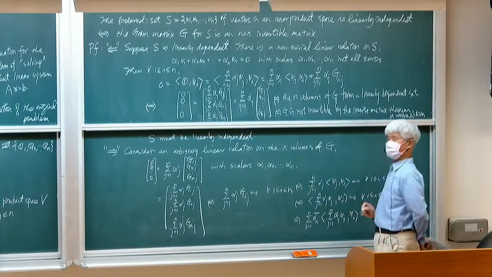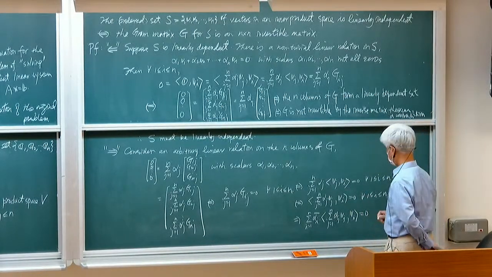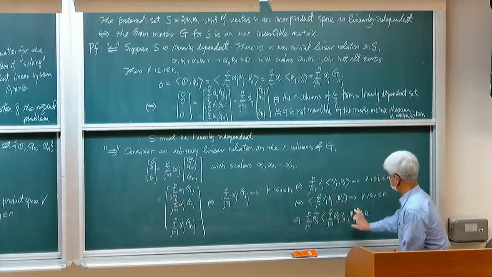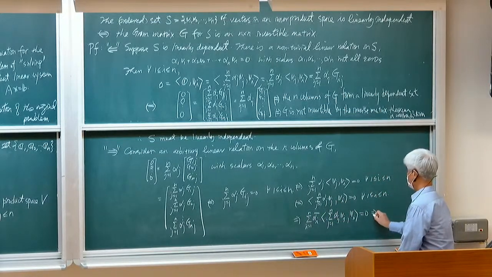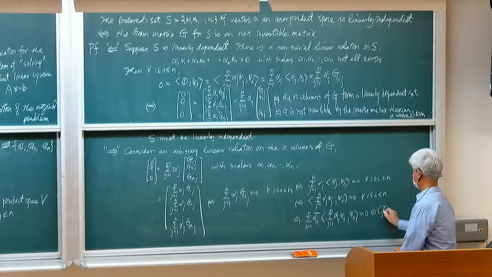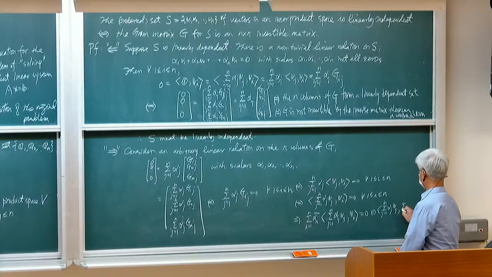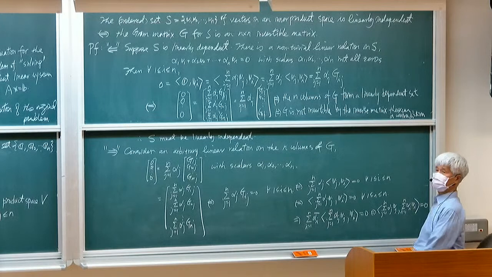Also 0, right? And we move to the second argument. So we have the inner product of the summation of alpha j Vj and the summation over i from 1 to n of alpha i Vi, and this is 0.